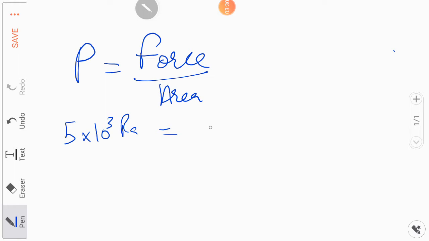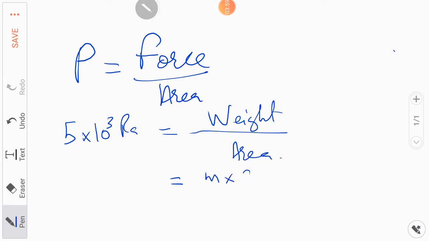The force is equal to the weight, and the area we need to calculate. The force applied by the pillar is its own weight, as given in the numerical. So weight is equal to mass multiplied by gravity, and we can place area over here and divide by the pressure 5 × 10^3.